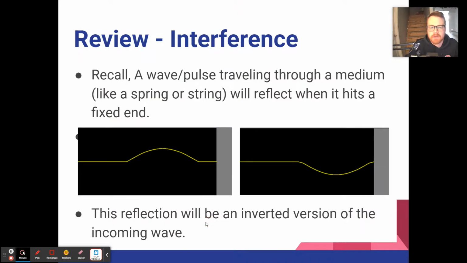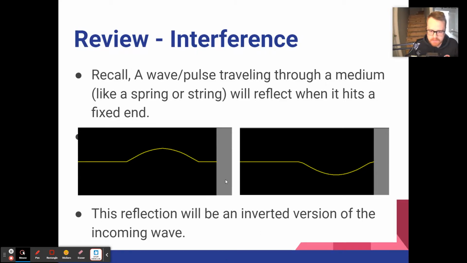Okay, let's review here. Interference. What is interference? Remember, this is a wave or a pulse traveling through a medium, and it will reflect upon whatever the fixed end is, whether it is a secured fixed end or a loose end. Remember, there are different ways that these pulses can reflect back.